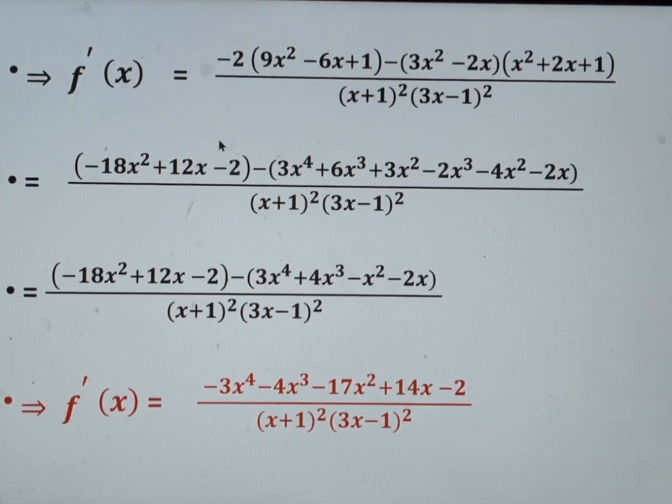After solving these terms, we get (minus 18x square plus 12x minus 2) minus (3x raised to power 4 plus 6x cube plus 3x square minus 2x cube minus 4x square minus 2x) over (x plus 1) square into (3x minus 1) square.